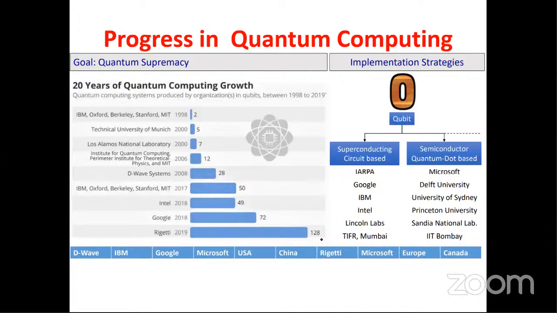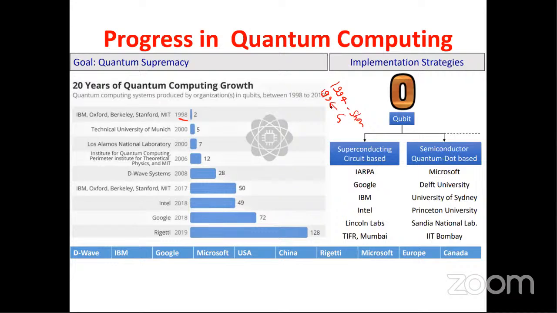So what is the progress in quantum computing happening? So if you see, in 1994 we are having this Shor's algorithm, and Grover's algorithm came in 1996. So the idea was that Shor's was having a practical application on this RSA kind of system.